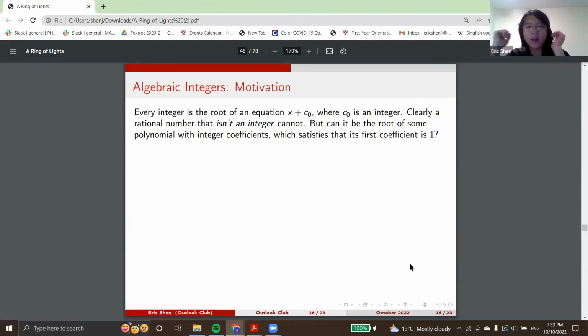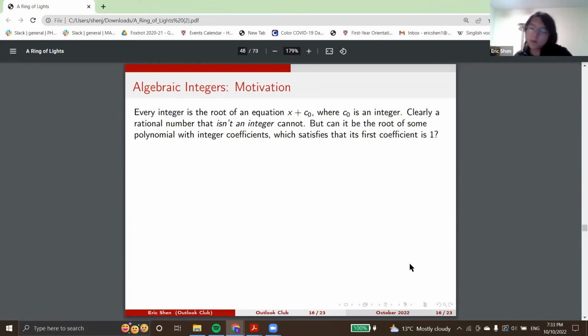Evidently, a rational number that isn't an integer cannot be written as a root of such an equation, because the roots of these equations have to be integers. But this begs the question: can a rational number be the root of some integer polynomial with first coefficient equal to 1?